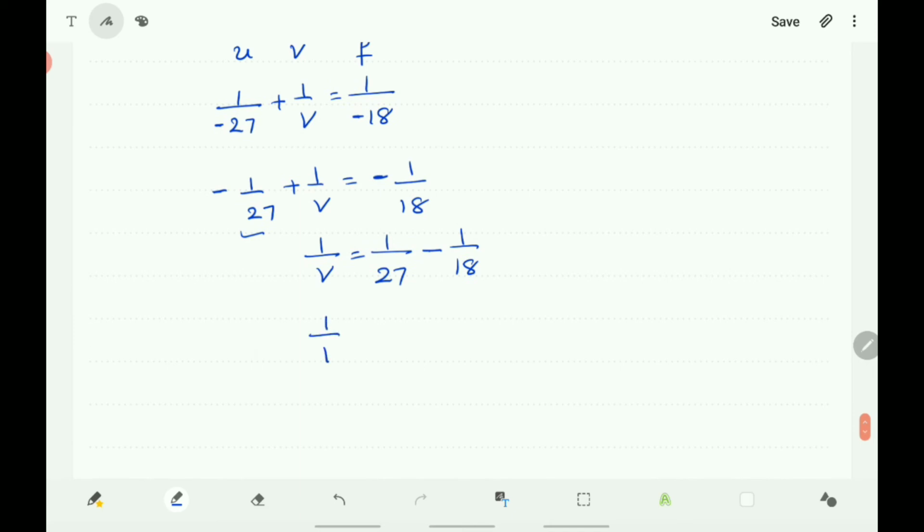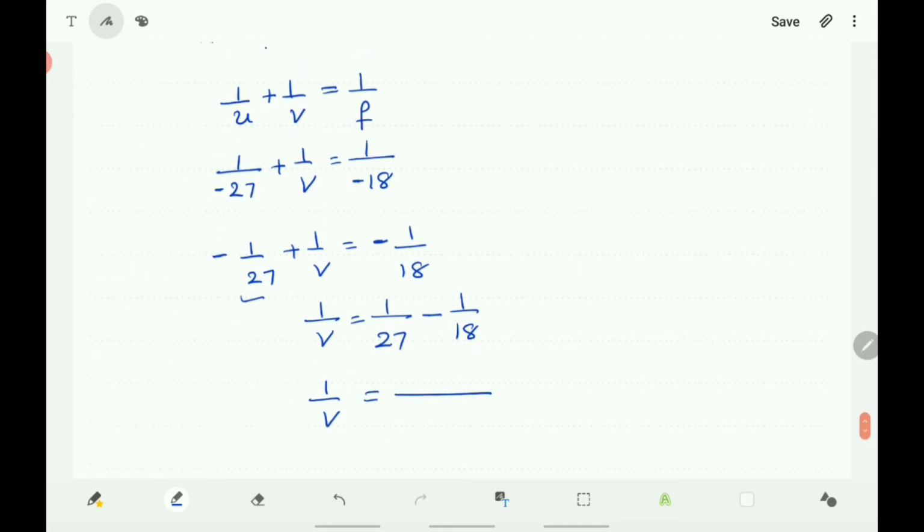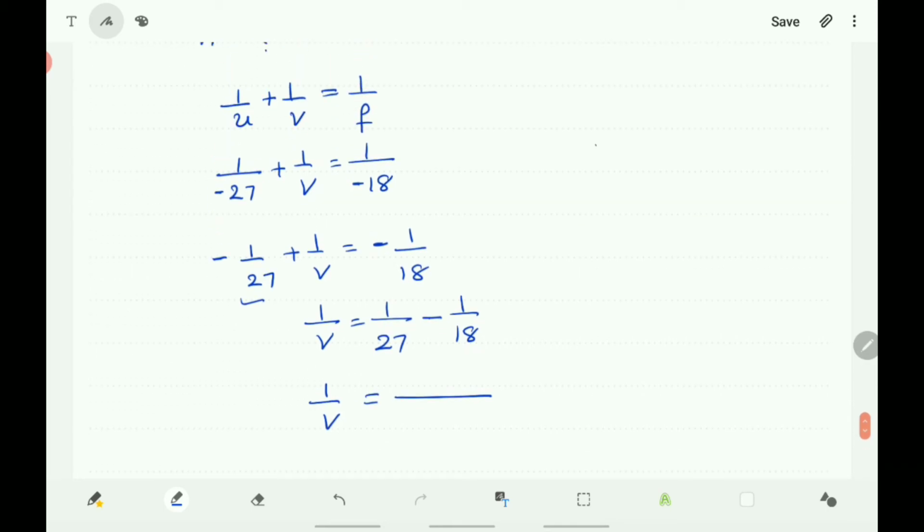Then 1 by v is equal to, here we must take the LCM of 27 and 18. You divide first by 2, 27 as it is, 2 9s are 18. Next you divide by 3, 3 9s are 27, 3 3s are 9. Then 3 3s are 9, 3 1s are 3. So 3 1s are 3.